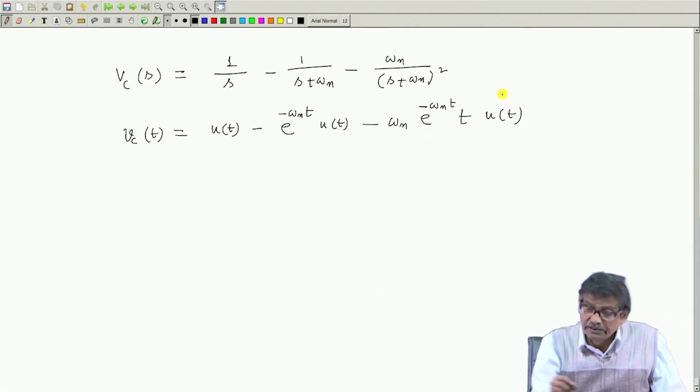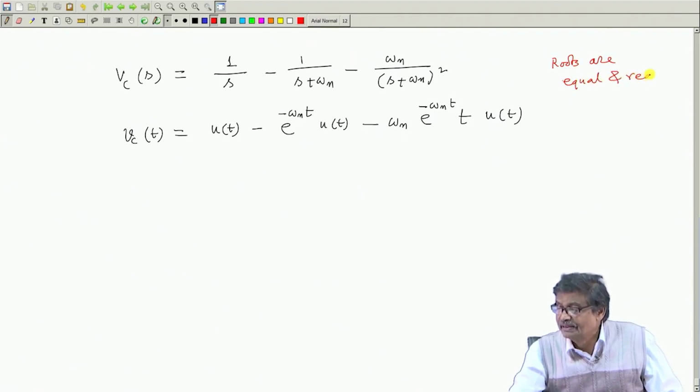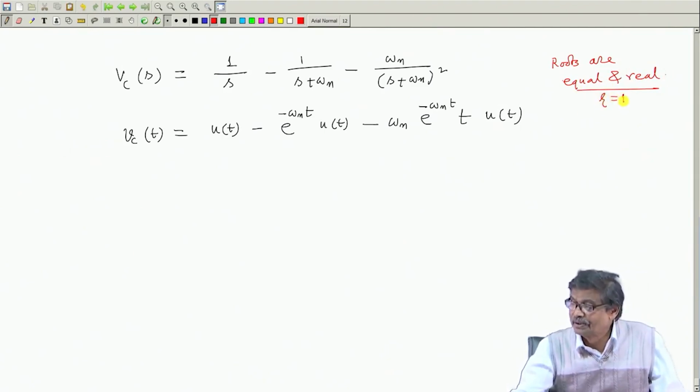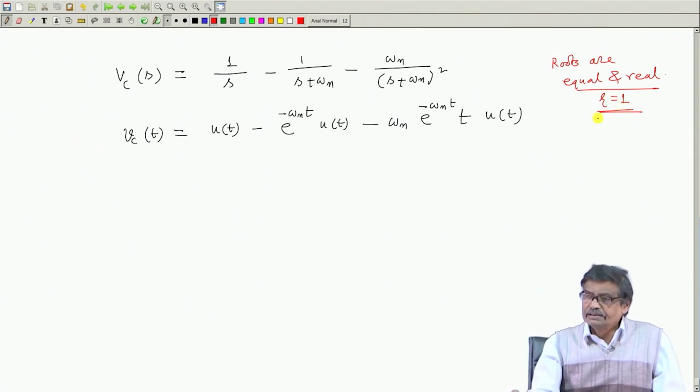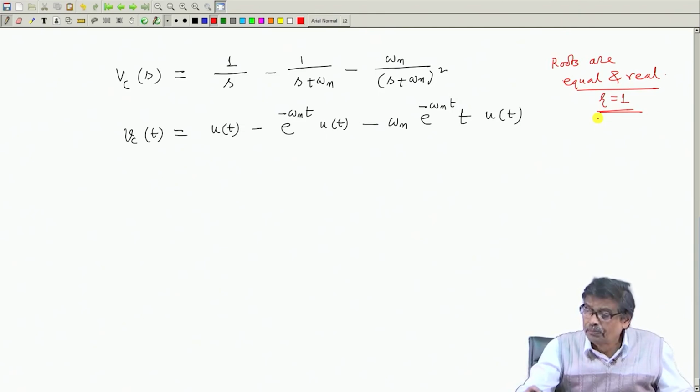So, all the comments you can write here: roots are equal and real with zeta equal to 1. When zeta is equal to 1, this is called the critically damped case. Okay. So, that is the thing, and you can plot these two.